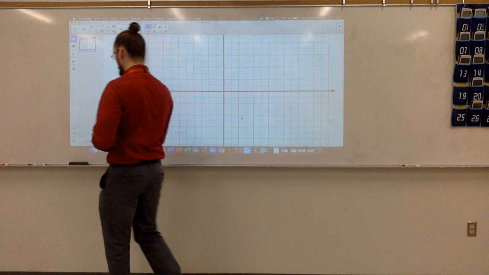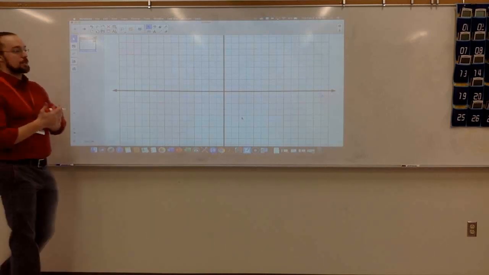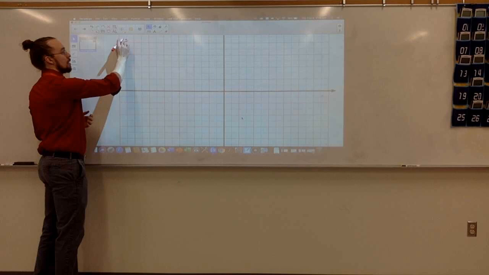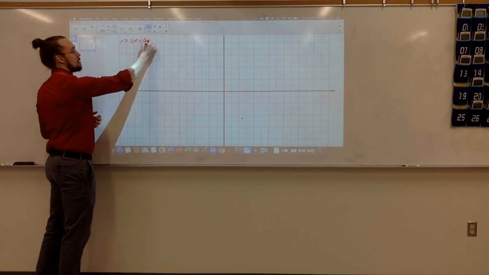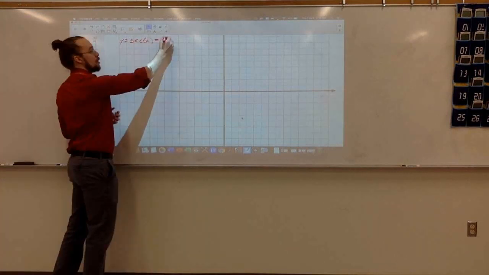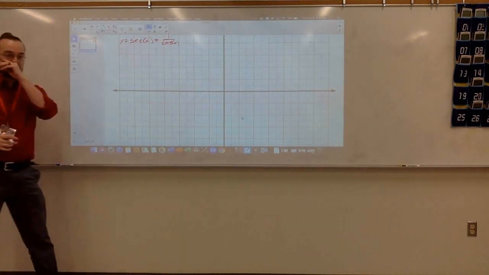Our reciprocal identities to graph secant and cosecant. I know that secant of x is equal to 1 over the cosine of x.